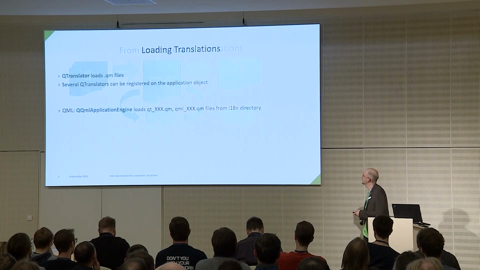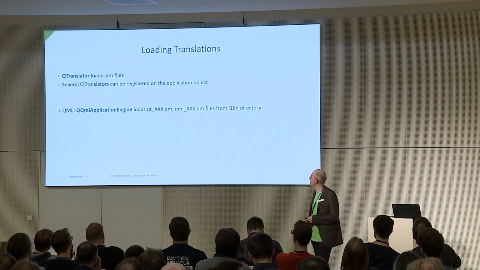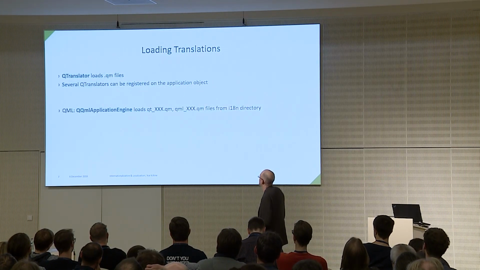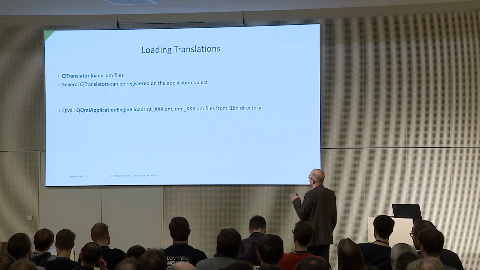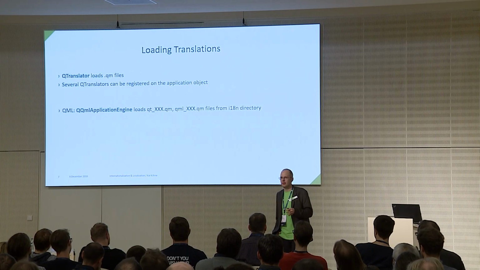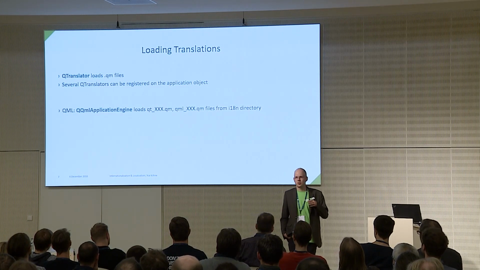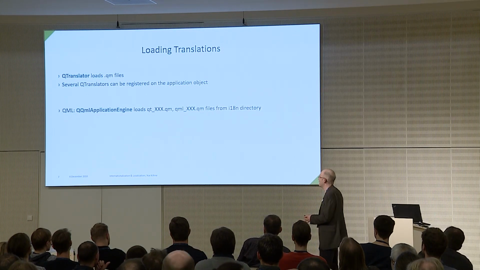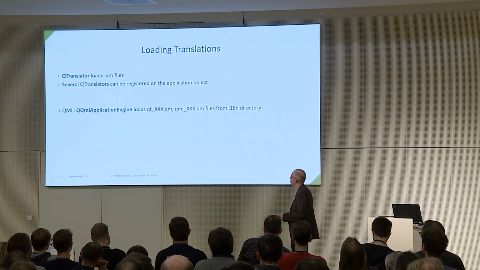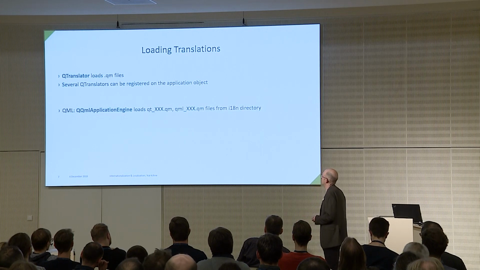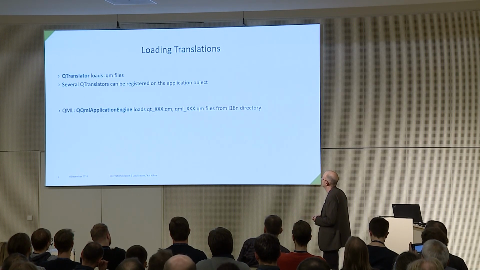To sum up a bit, the keyword here is QTranslator for actually loading translations, and you can install several translators and QM files. You can also merge them with lconvert if you don't want to ship too many files, but that's actually quite handy if you split up your modules and so on.